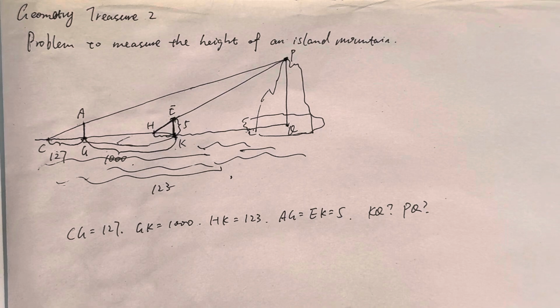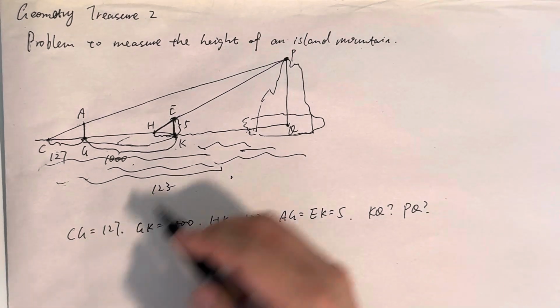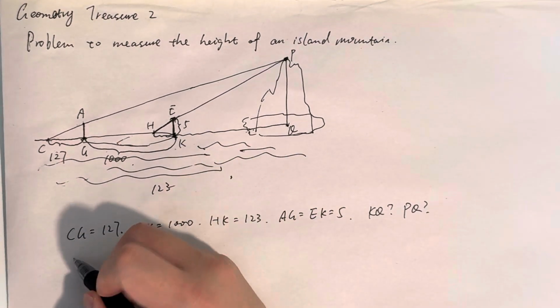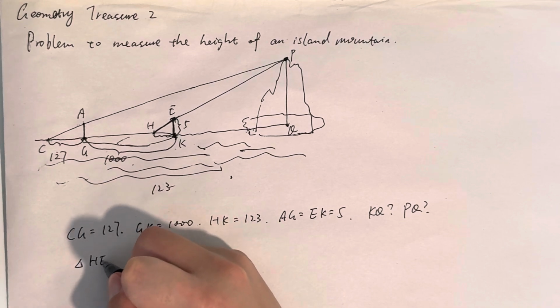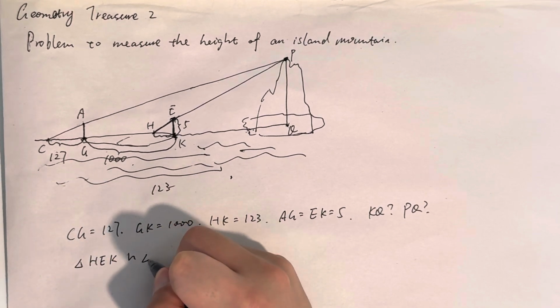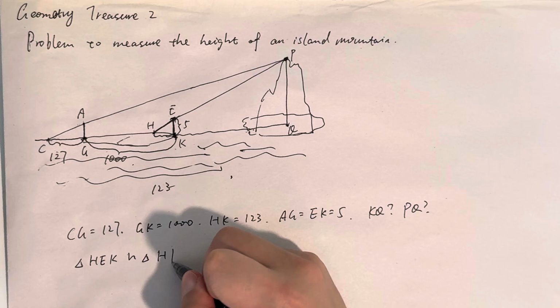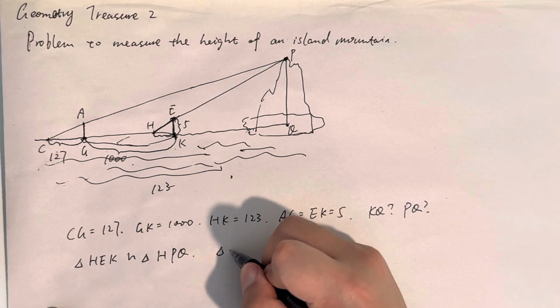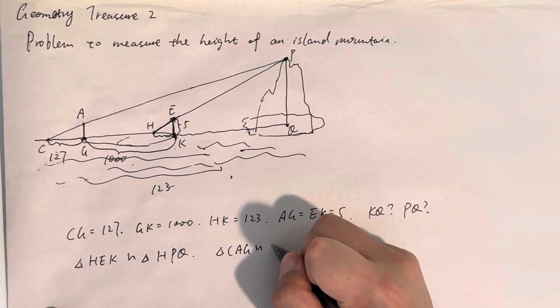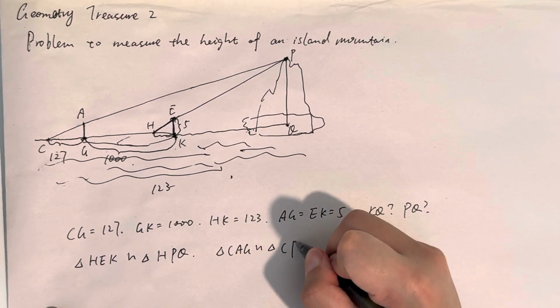But for modern people, it shouldn't be that difficult because we can see easily that triangle HEK is similar to triangle HPQ, right? And also triangle CAG is similar to triangle CPQ.